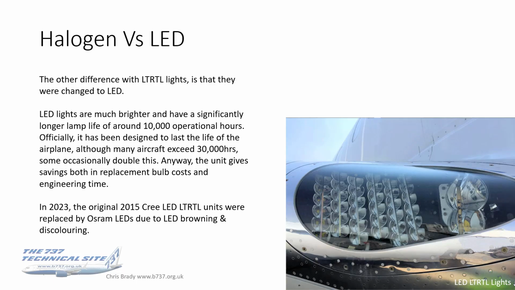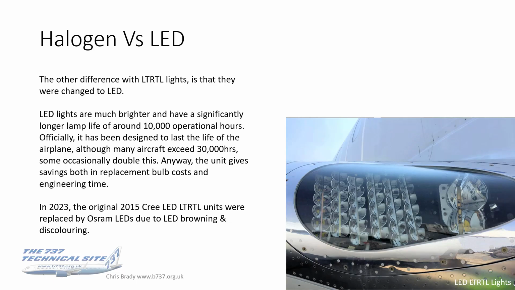They've got significantly longer lamp life. These ones here are quoted as around 10,000 operational hours. And in the official blurb from Boeing, it said they've been designed to last the life of the airplane. Why on earth they've used that as a figure when they're quoting them as 10,000 operational hours, I don't know, because most aircraft exceed 30,000 hours, and I've flown a few which have exceeded 60,000 hours.